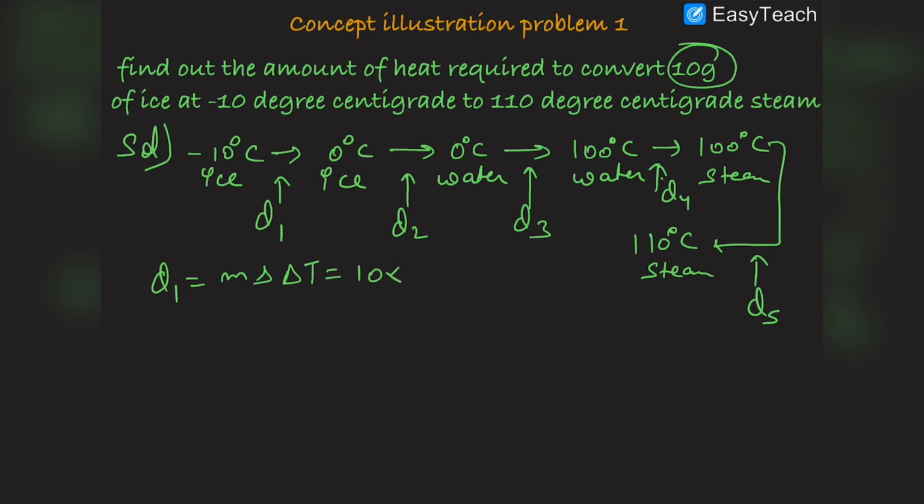Now you know that the specific heat of ice is half and delta T is 10, so it is equal to 50 calorie. This is in calorie per gram degree Celsius.